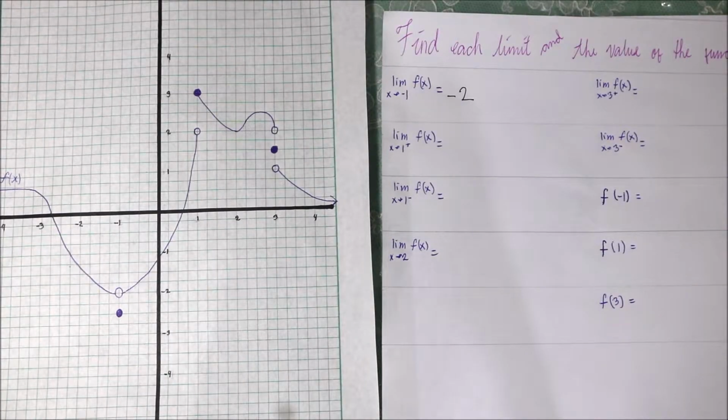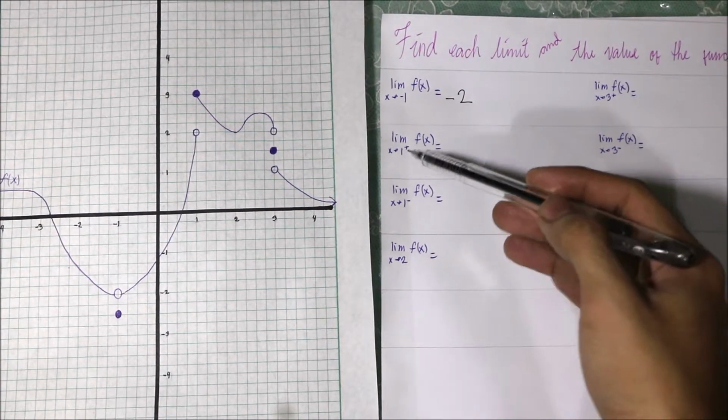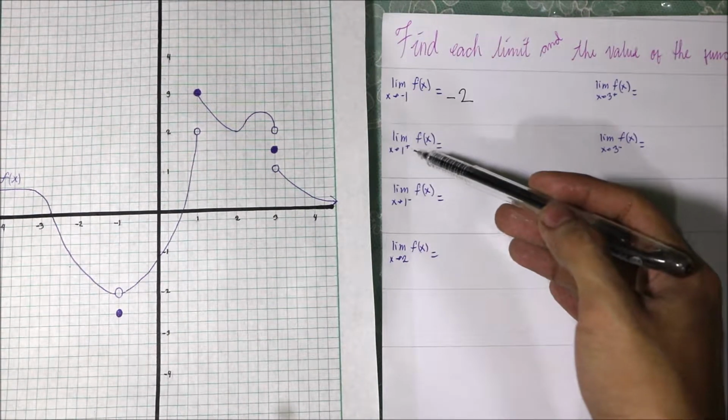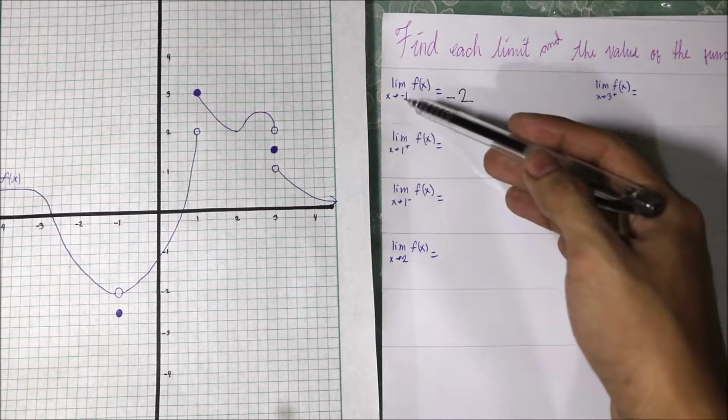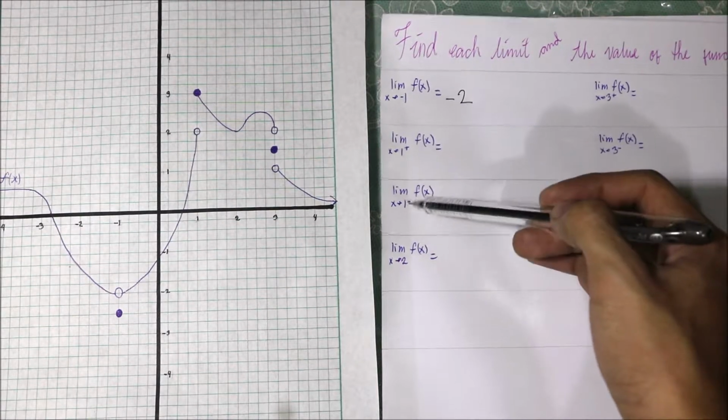For our second problem, we have the limit as x approaches 1 from the positive side. Don't be confused between this one and negative 1, with this one having an exponent of the sign positive and here negative.